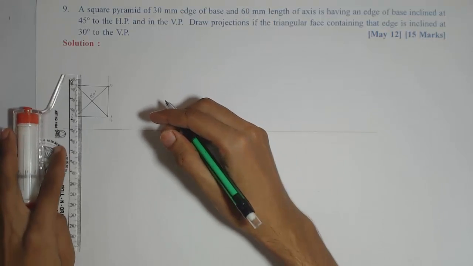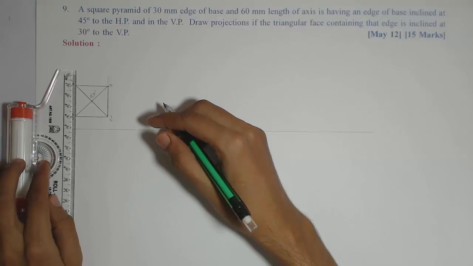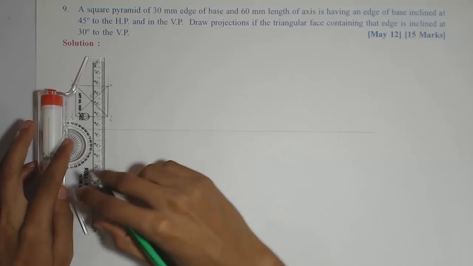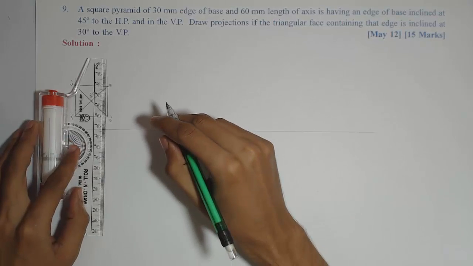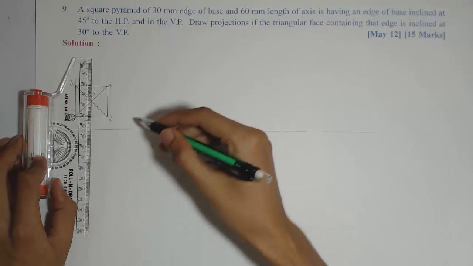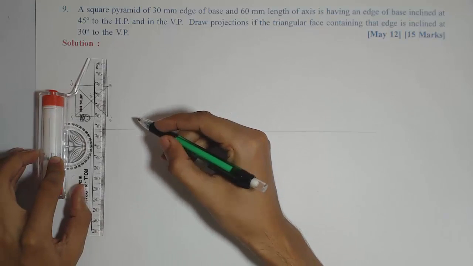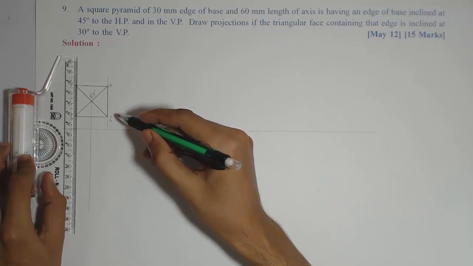Now we'll complete the corresponding top view. First we need to project the axis height of 60 mm in the top view with the center, and remaining corners we need to project only up to XY line since it is a pyramid and not a prism.